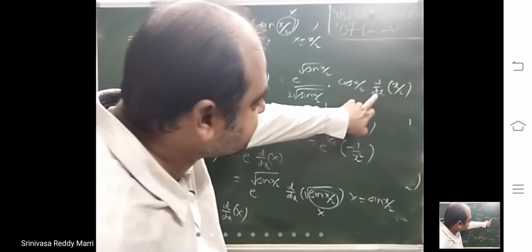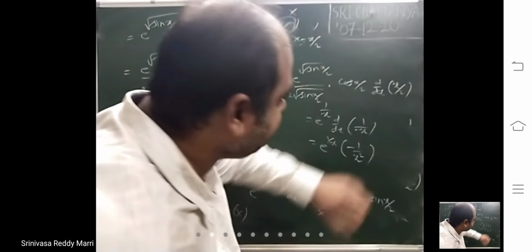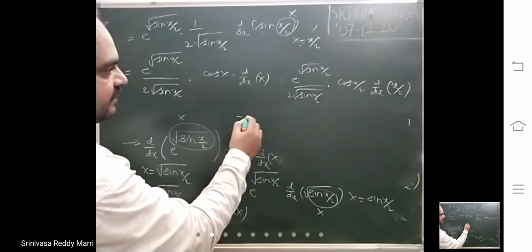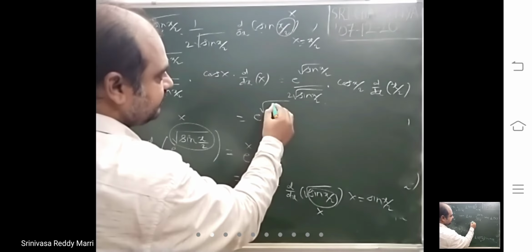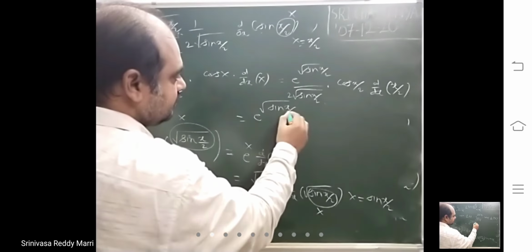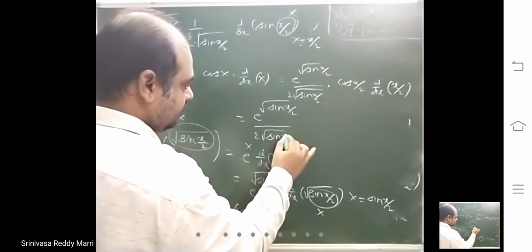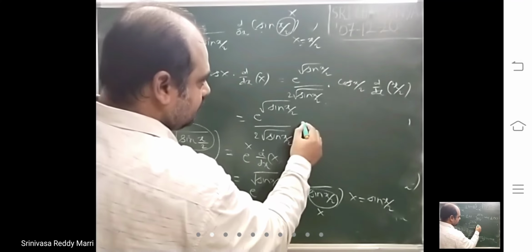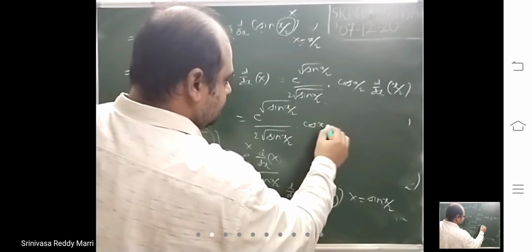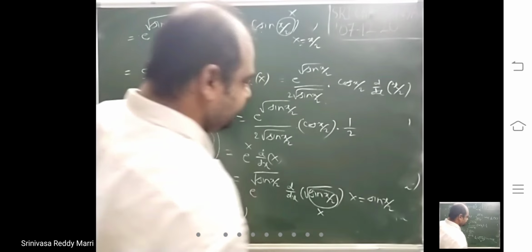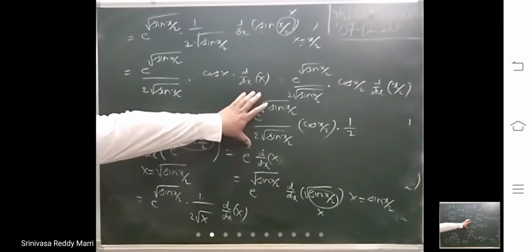Now if you look here, this is a standard rule. 1 by 2 outside, d by dx of x is 1. So the derivative is over. So that means e power root of sin x by 2 into 1 by 2. So this is the final derivative.